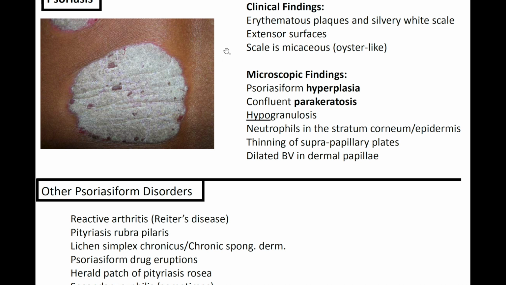Microscopically, in the psoriasiform dermatitis family or with psoriasis, you're going to have that psoriasiform hyperplasia, confluent parakeratosis, hypogranulosis, so that absence of the granular layer is a key thing, and then neutrophils in the stratum corneum or epidermis, and thinning of the suprapapillary plates, as well as dilated BV and dermal papilla.